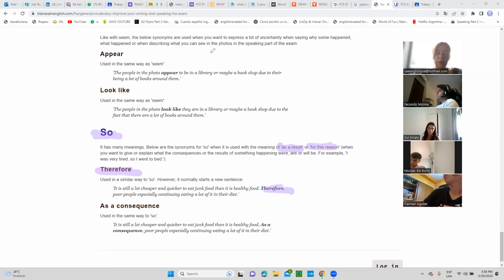Therefore, comma, poor people especially continue eating a lot of it in their diet. No, this continuing here is wrong. Continue eating a lot of it in their diet. Okay. All right. So here you have an option, which I like very much, which is therefore.